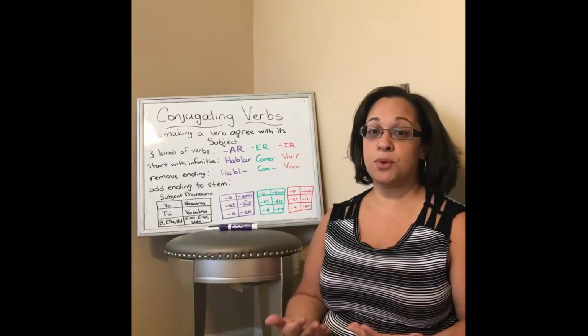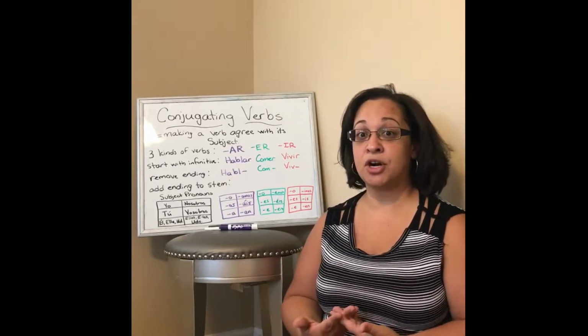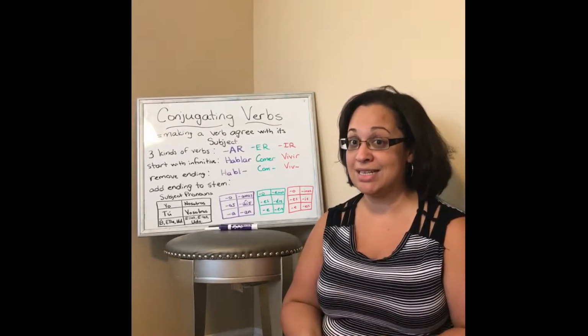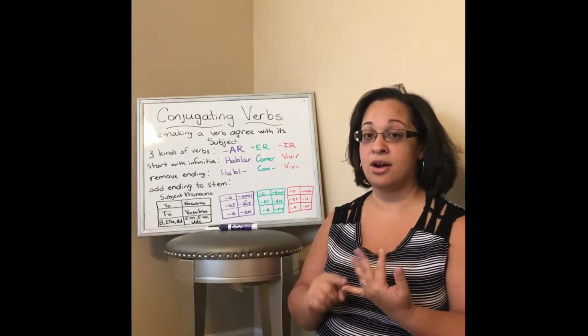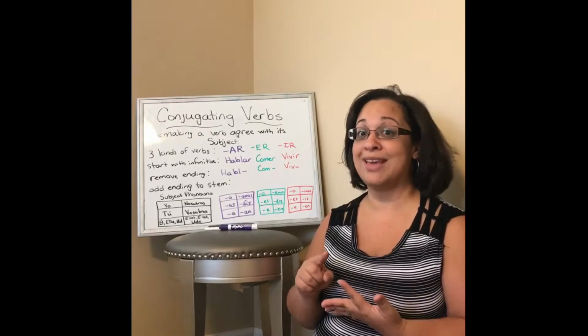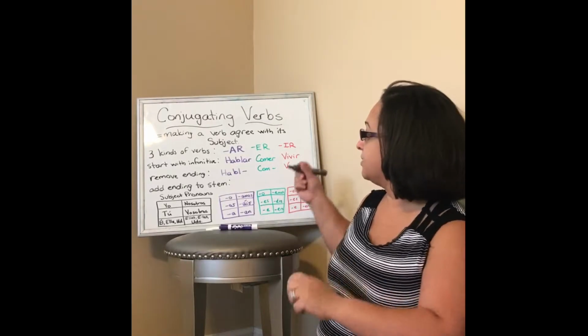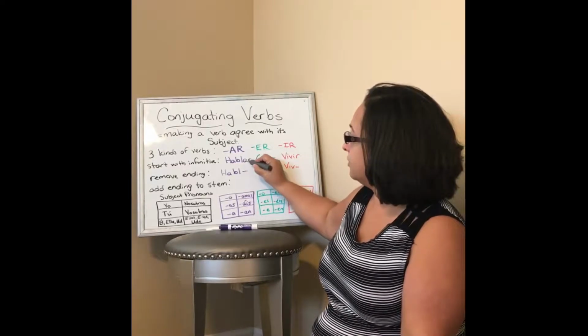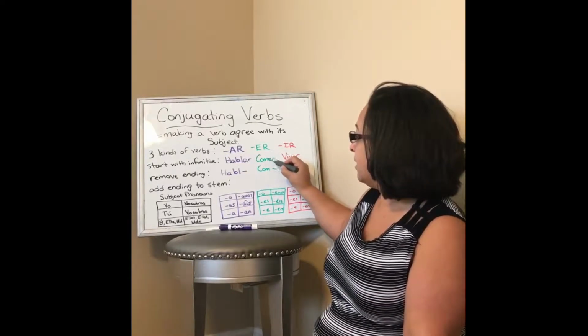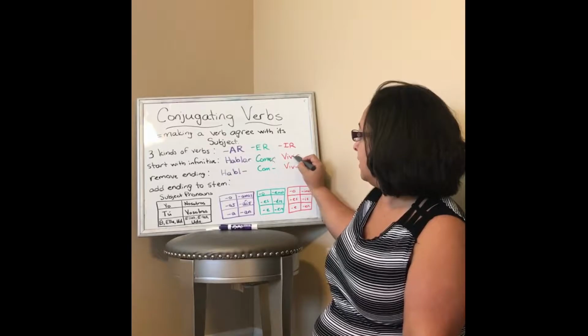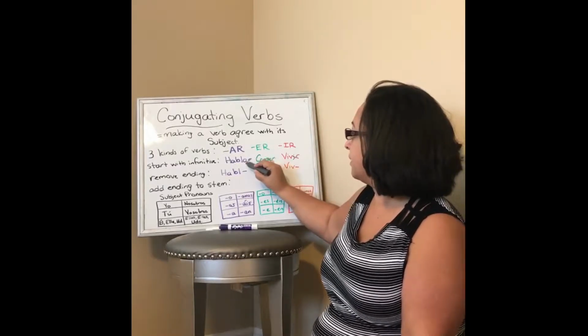So the first thing we're going to do to conjugate a Spanish verb is remove that ending, either the AR, the ER, or the IR. So I'm going to take my marker here and show you guys. We're going to remove the AR from hablar, the ER from comer, and the IR from vivir, okay?